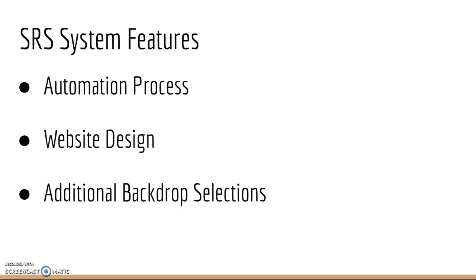System features. So the automation process will be as follows. When a client enters their information, such as name, address, contact, phone number, and stuff like that, it will automatically be logged into the client data spreadsheet. When a client selects the type of colors or quantity they want for their balloons, the inventory spreadsheet will be adjusted and account for all product availability.